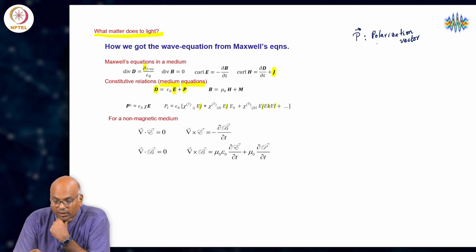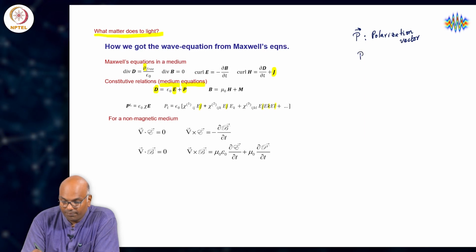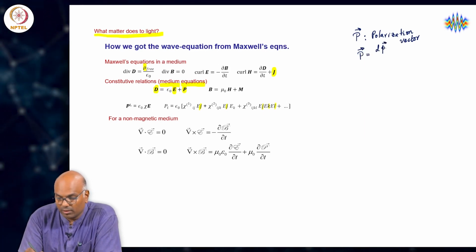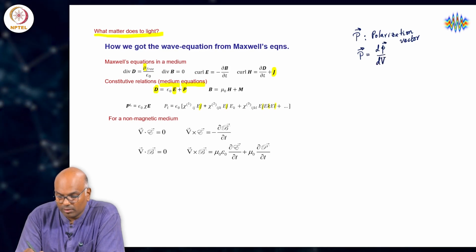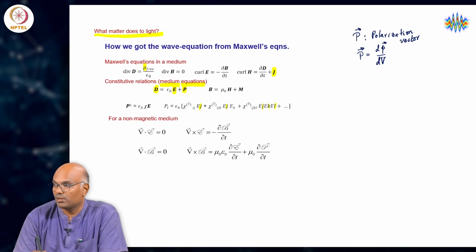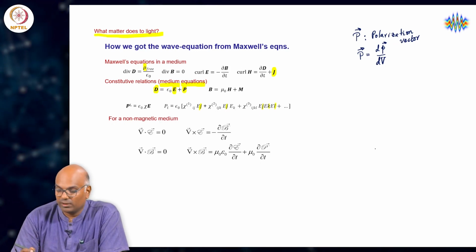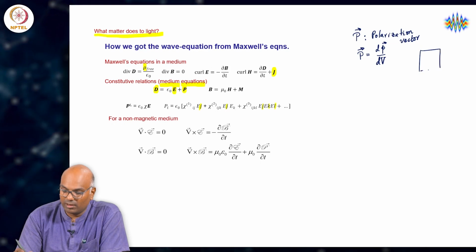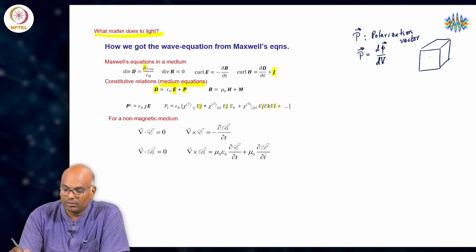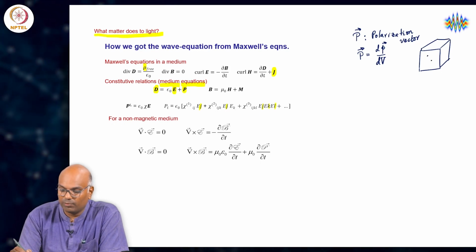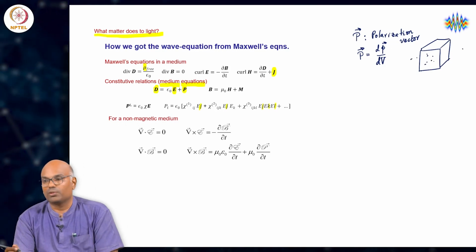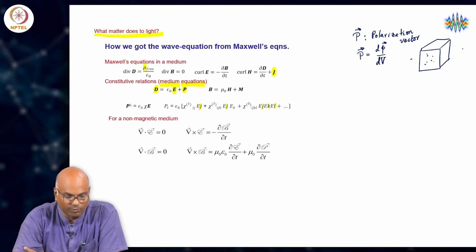Okay, so the polarization vector P is essentially the dipole moment per unit volume at every point of interest that we are considering. It essentially concerns the dipole moment per unit volume in a block of matter, at any given point of interest inside, but you could also consider points outside where there are 0 dipoles per unit volume.